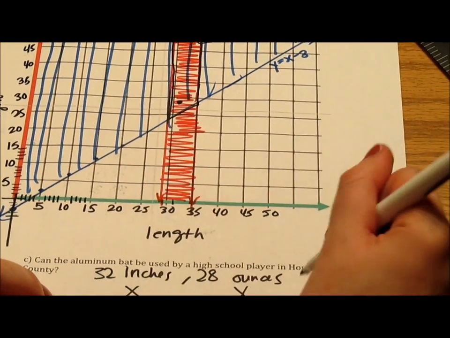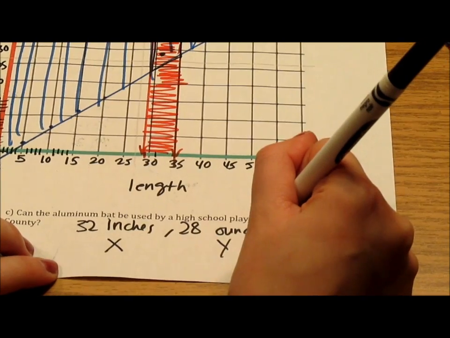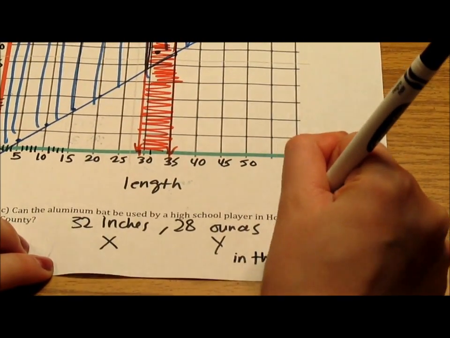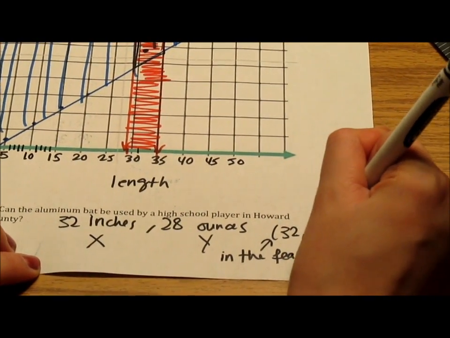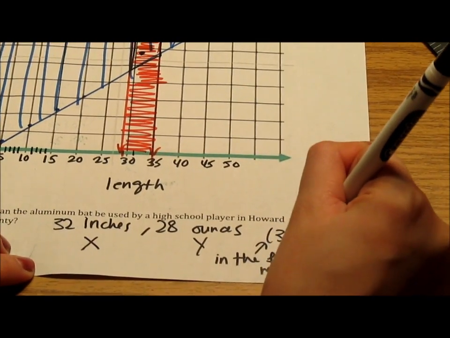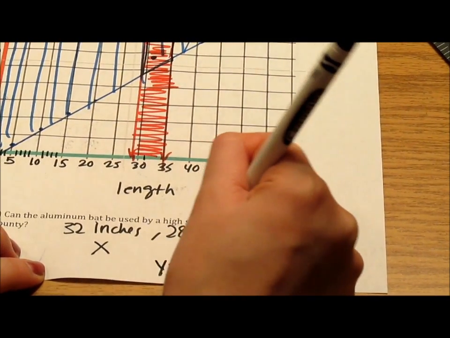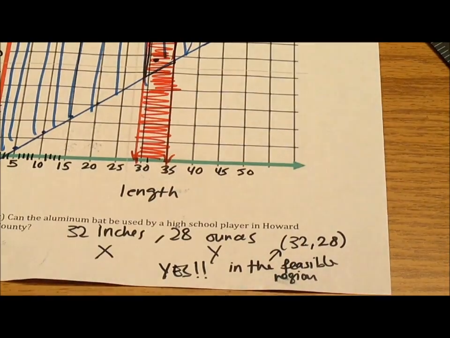And that's because this point is in the feasible region. So yes, it can be used by a high school player in Howard County.